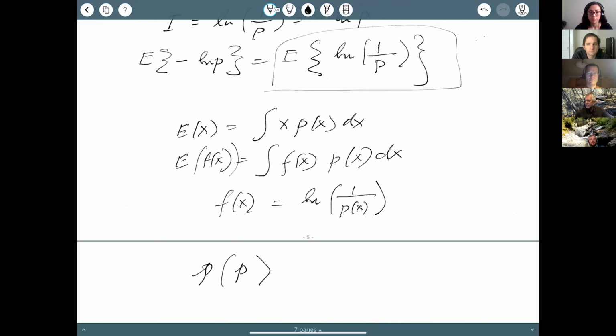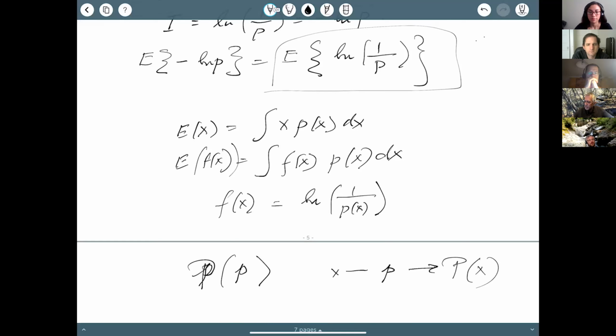So x maps to p, and then we have a, let's call this a capital P. In other words, we have a probability distribution of p-values, or, sorry, a probability distribution of log 1 over p-values, and we're taking the expected value of that.